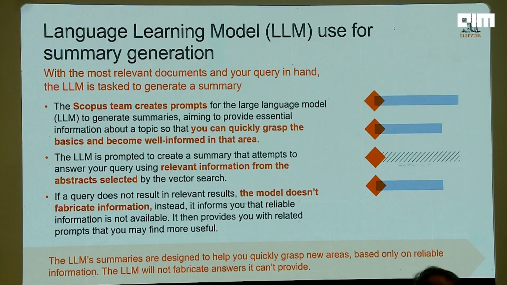There are many aspects using which we generate the summary or the prompt. One main factor is that it shouldn't fabricate any information. We claim that it is scientifically valid and factual, and the LLMs, as you know, can easily hallucinate with different responses that it could generate on its own. So that is one aspect we are trying to restrict the LLM with, and that's how we devised our prompts.